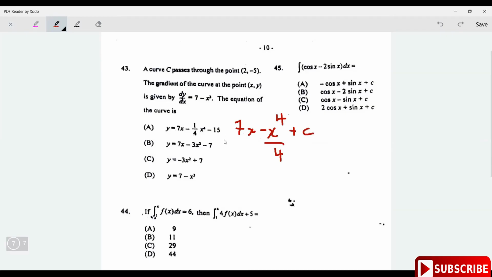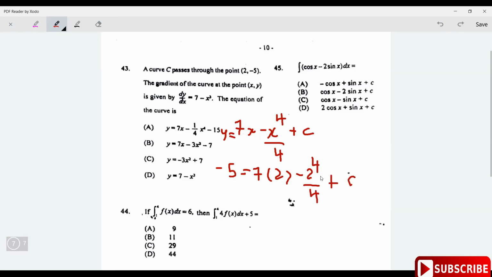Y is equal to this. So now what you're going to do is substitute y as minus 5 and substitute x as 2 to find c. So you get 7 times 2 minus 2 to the 4th over 4 plus c. So doing all of this, what do you get?